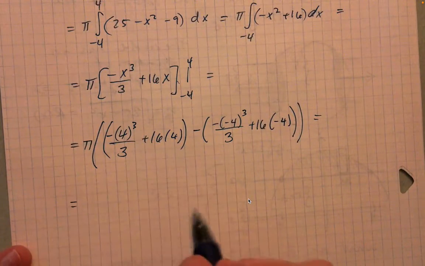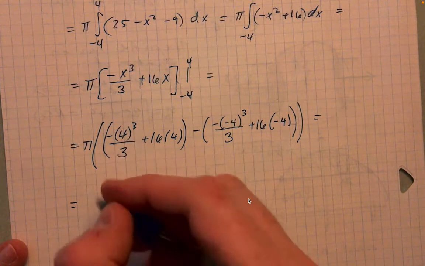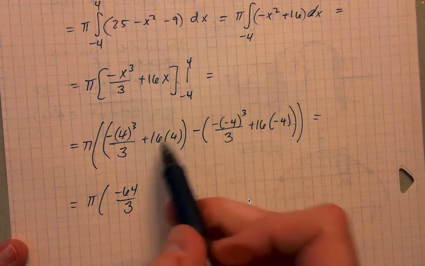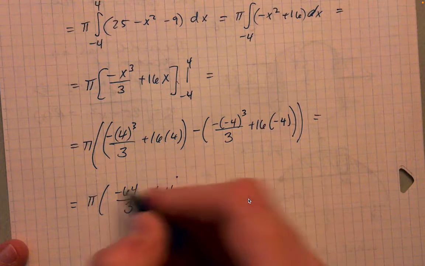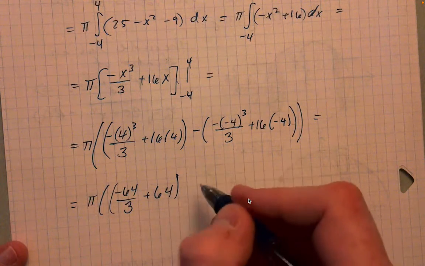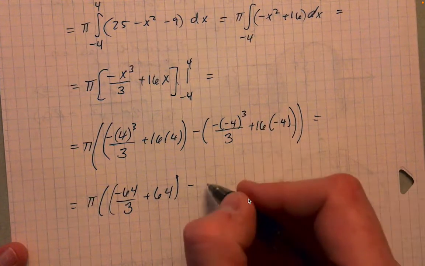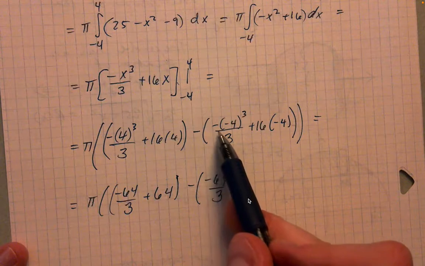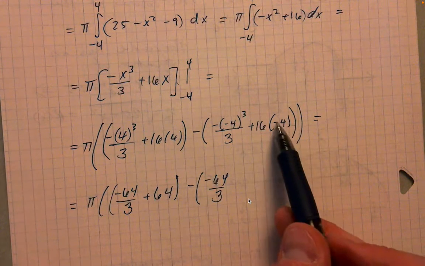Okay, and then what do we get here? So this would be negative 64 over 3, and this would be 64. And then again a negative 64 over 3 here, and this will be minus 64.